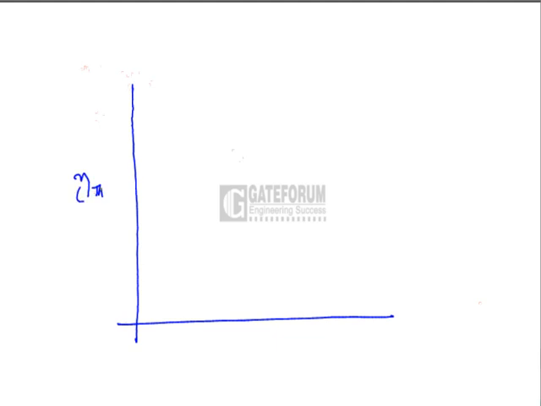The variation of thermal efficiency versus pressure ratio could be given as follows. The y-axis is the ideal Joule cycle thermal efficiency and the x-axis is the pressure ratio RP.